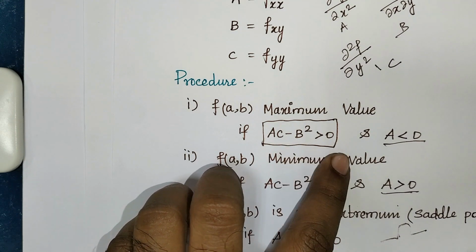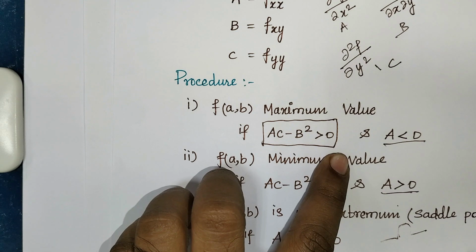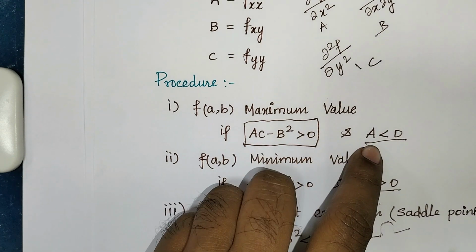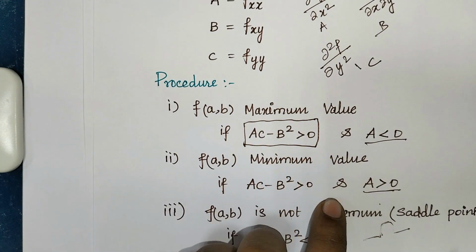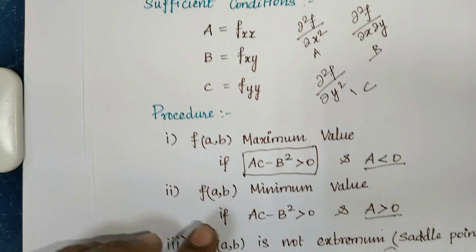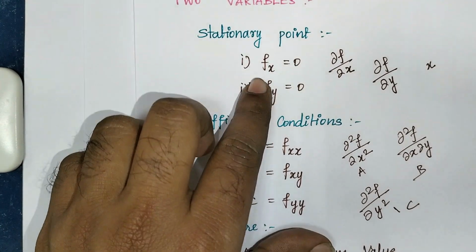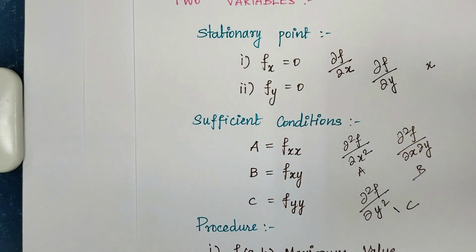If I get it greater than 0, we can find the maximum or minimum. Based on this, a less than 0 means maximum, a greater than 0 means minimum. So based on the stationary point, we can conclude whether it is a maximum point or minimum point.